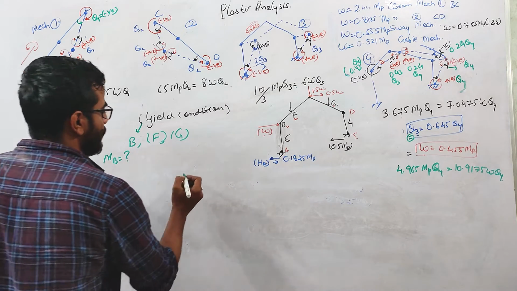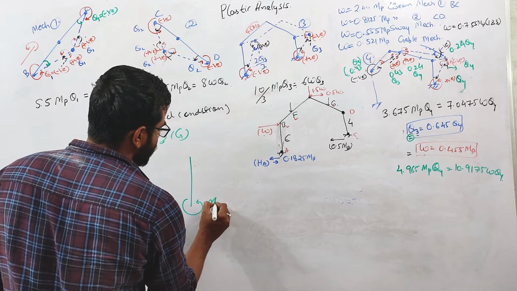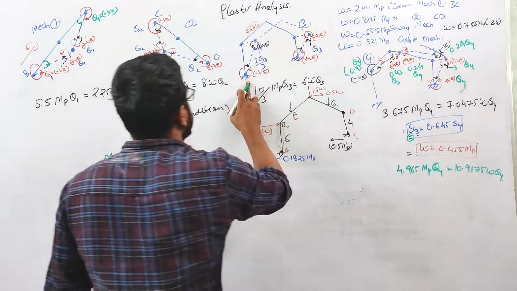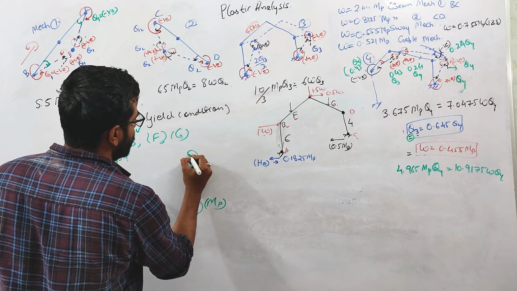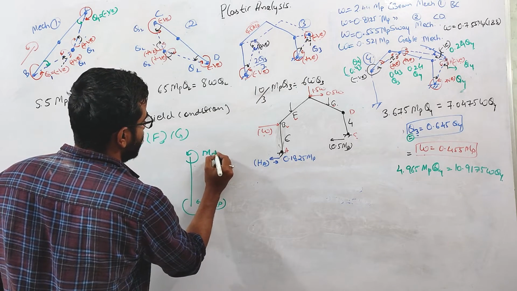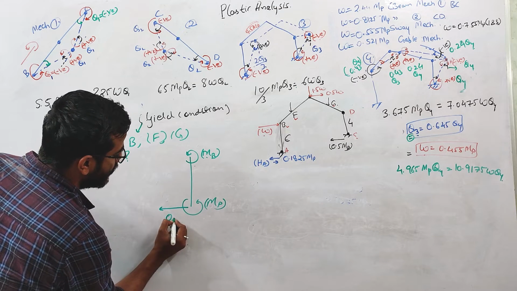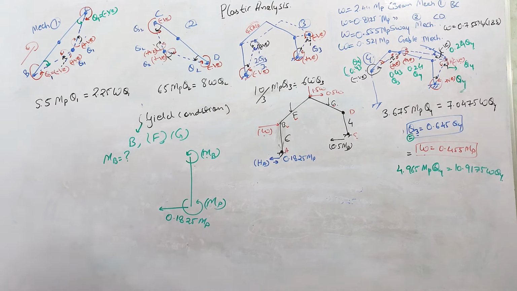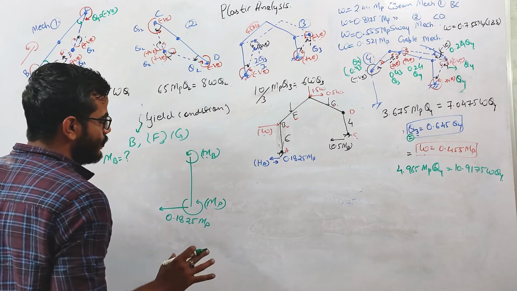Consider this column AB. For A, the plastic moment will act in this direction, the value of which will be MP. Similarly, at this B point, the moment is acting in anti-clockwise direction and the value is MB. Here this horizontal load is acting, the value is 0.1825 MP. Vertical reaction I am not considering, because for calculating this MB I don't need any vertical reaction.